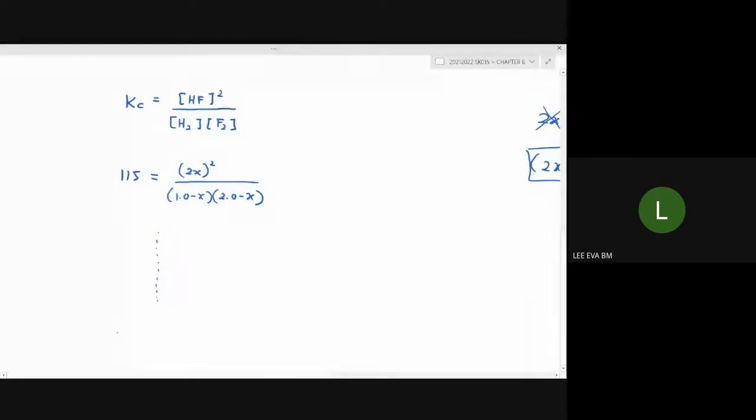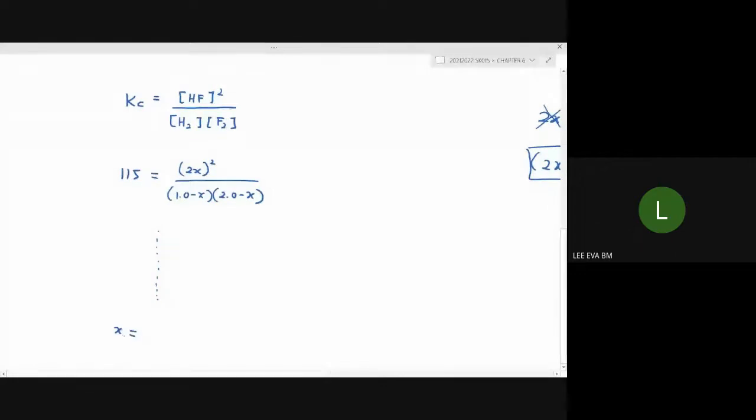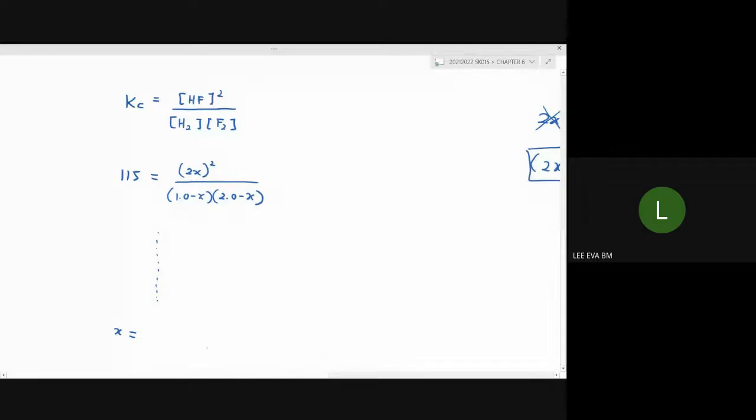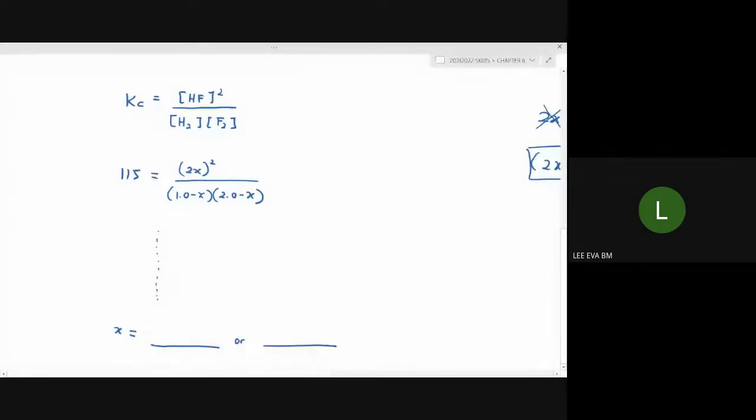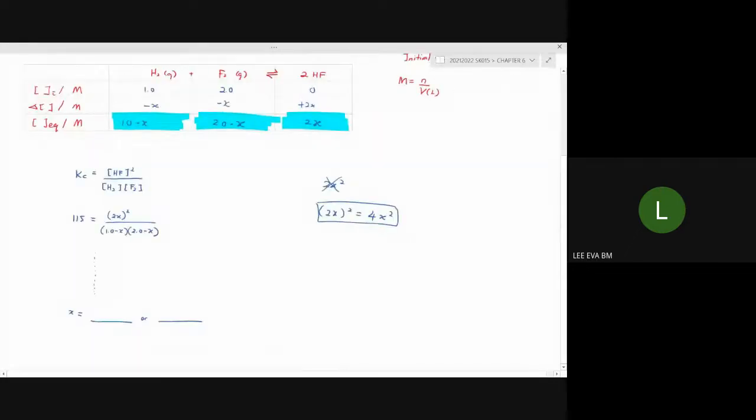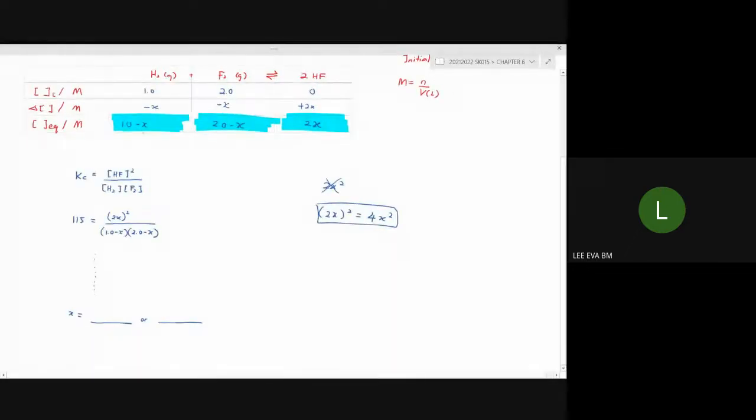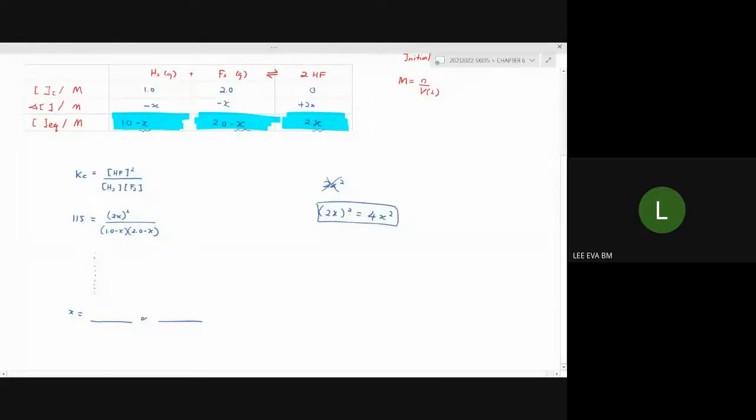Madam nak tahu dia sebab ini adalah quadratic. You will get two values of x. One of it cannot be used. Why? You have to substitute into this x value and see what is the concentration for all of these species. Remember the equilibrium concentration cannot be negative.